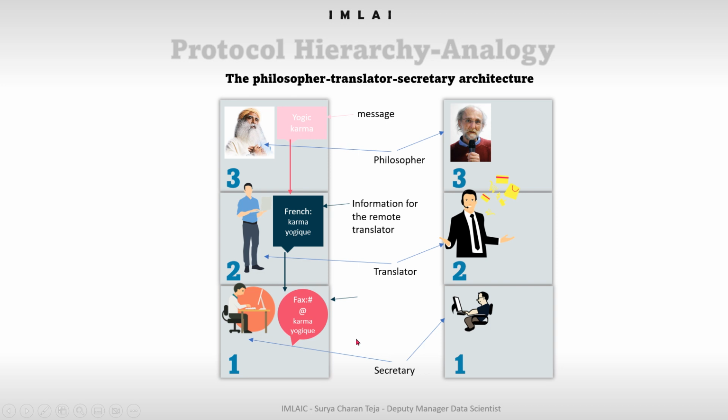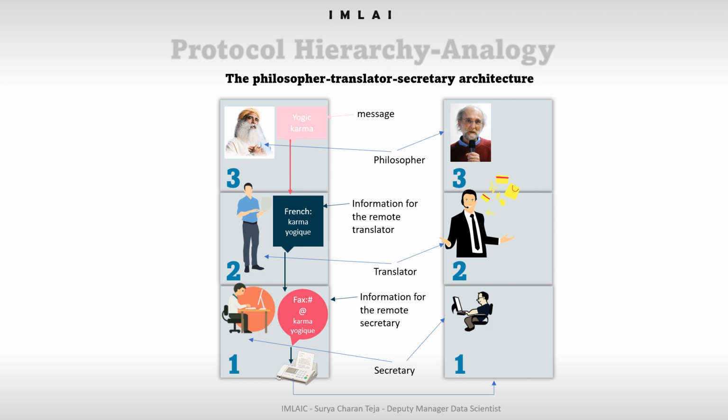Layer 1 is going to use a physical layer, called email, or fax, and send the message karma yogiki. This is in French. So that's layer 1. Now when the message arrives at the other secretary through the fax, that's the physical device that we have used.